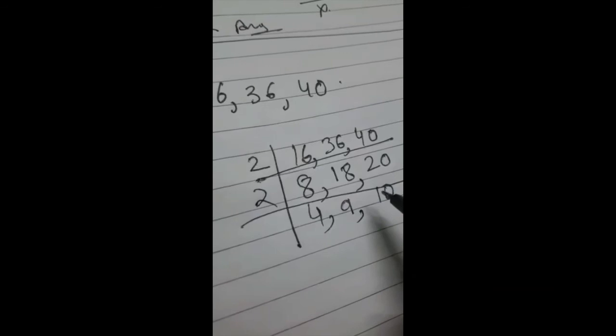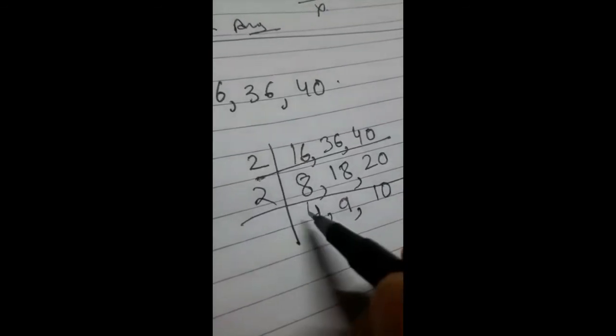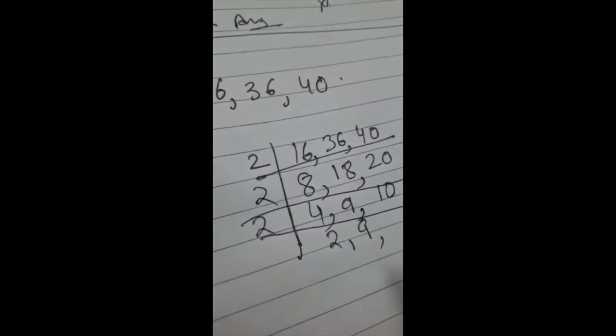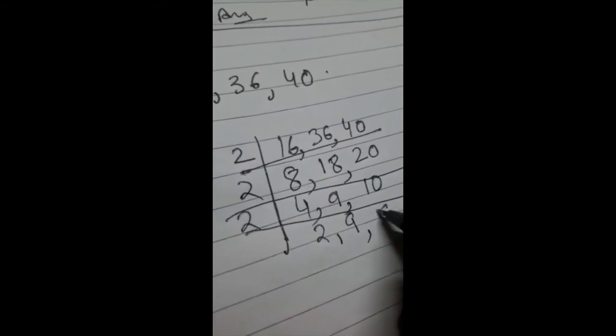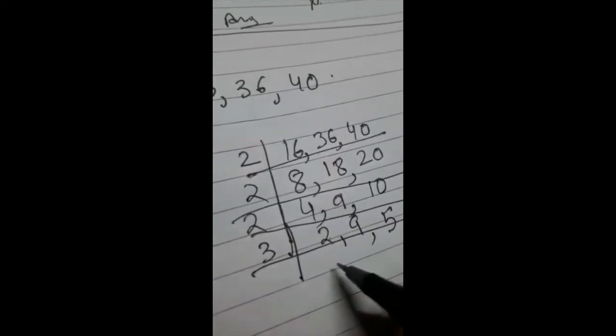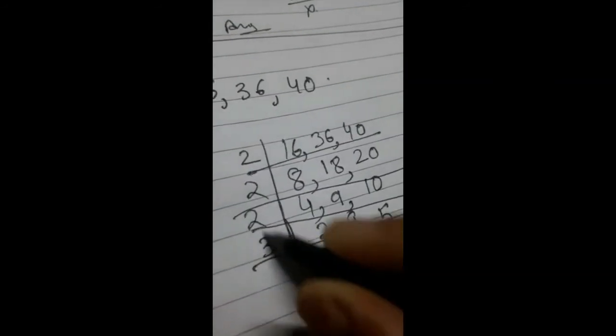Again 2, 2 2s are 4, 9 is not divisible by 2, so we write the same, and 2 5s are 10. Again by 3, 2 is a prime number, we put the same, and 3 3s are 9, and 5 the same. All are prime numbers, so it is not further divided.